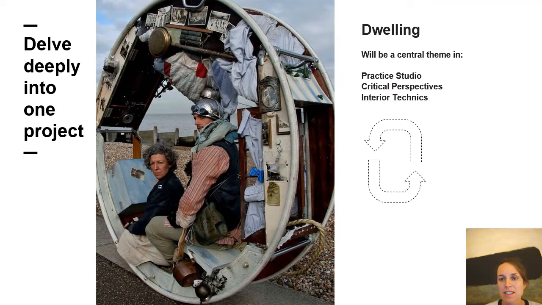In critical perspectives, you'll study dwelling through the lens of history and theory and critical engagement. In interior techniques, you'll be studying dwelling through the lens of materiality and assemblage. You'll be able to apply these theories and techniques to your understanding of microdwelling and spatial enclosure in design practice.